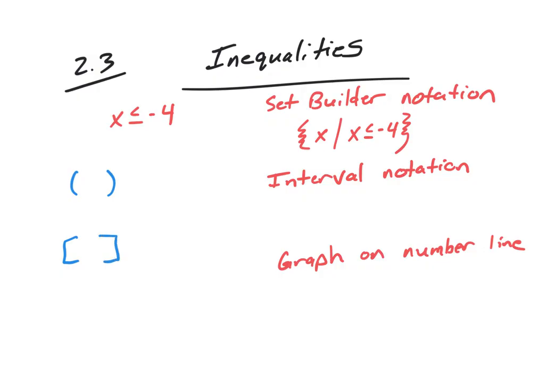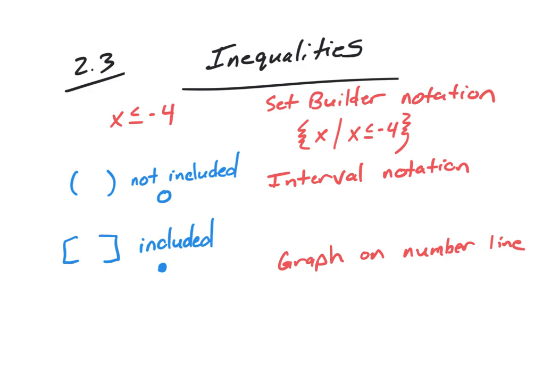Okay, parentheses means not included, which would be the same as an open circle that we've used in the past. Brackets means we are including that number, and that would be the same as a closed circle that we've used in the past.